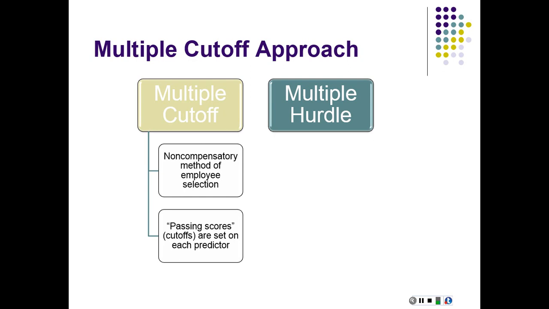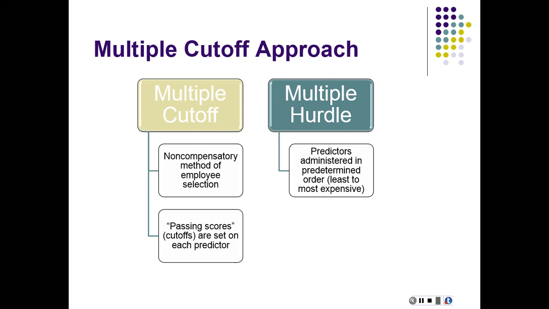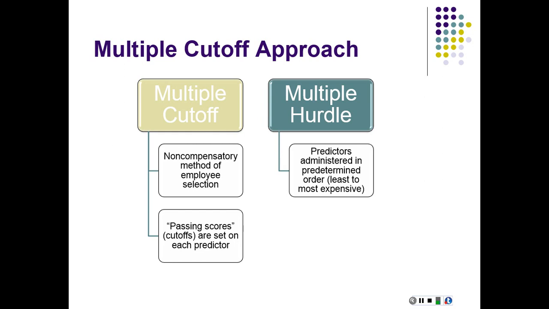A variation on the multiple cutoff approach is what's called the multiple hurdle. And this one is where you are going to administer your predictors in a predetermined order, usually starting with the least expensive. It could be the least expensive in time, like it's the quickest to administer, or it could be the least expensive, actually money-wise. But you start off with the simplest screening technique.